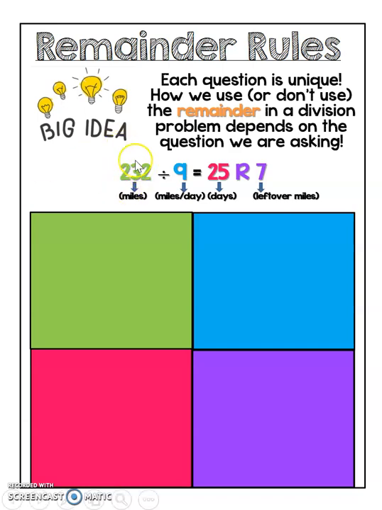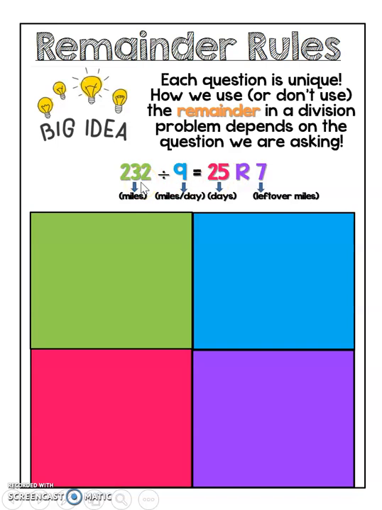So the dividend of 232, the story problem told me, was miles. The divisor of 9, the story problem told me, was miles per day, because the family was hiking 9 miles per day. And then when I did the math, I got 25 remainder 7.